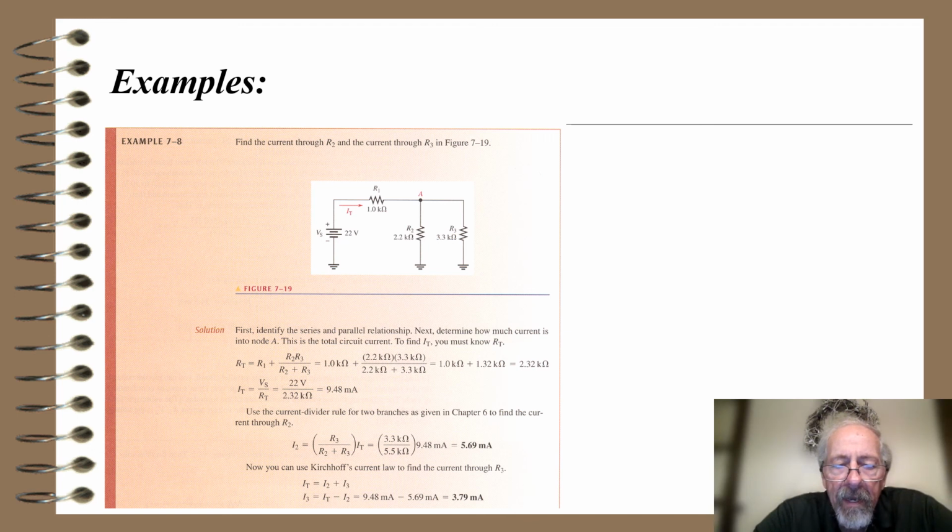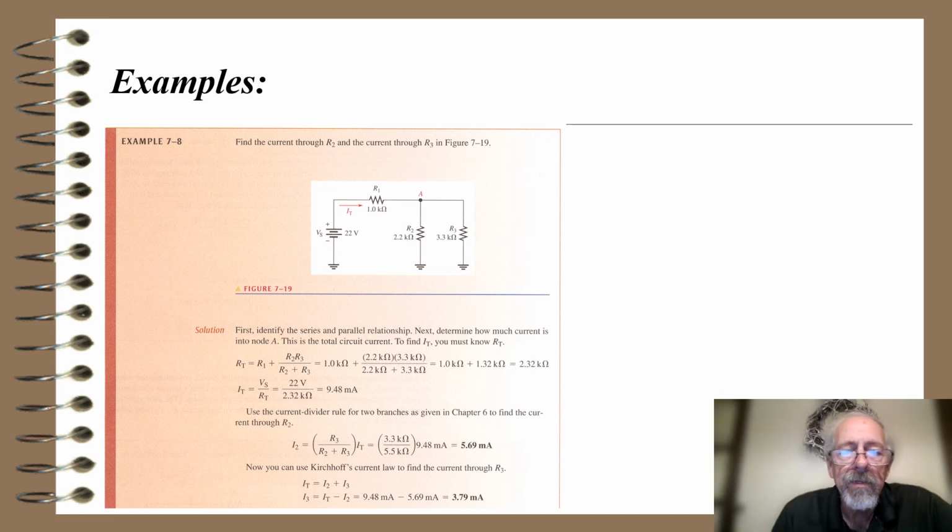Next thing it does is calculate an I total, 9.48 milliamps. Next thing it does is calculate I sub 2. And then it does I3 by subtracting I2 from I total. And you can follow that example.